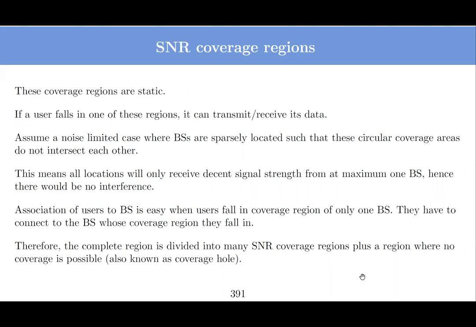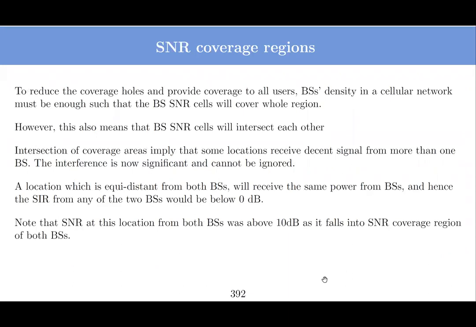And all the region which does not fall in the circle or coverage region of any base station will be coverage holes. There will be outage there, and users falling in those regions will not get coverage from any base station. So if these coverage holes are a lot, then the provider would like to either put more base stations or increase the transmit power.